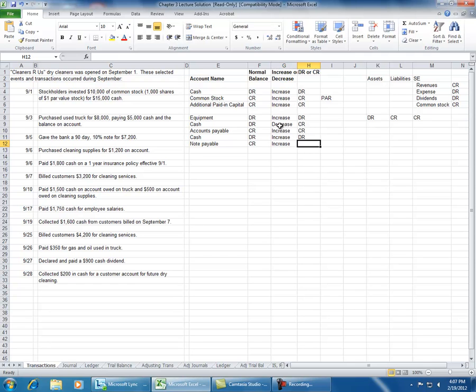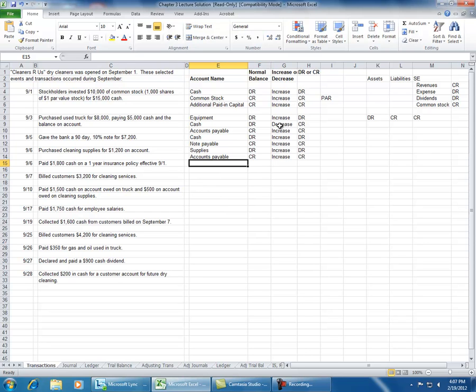So that's going to follow with a debit and a credit. We're going to purchase supplies on account. So supplies is going to go up, and it's on account, so that means we're not paying cash. It's a payable. And so we're increasing our supplies, increasing our debt, and so we're going to debit supplies and credit AP.